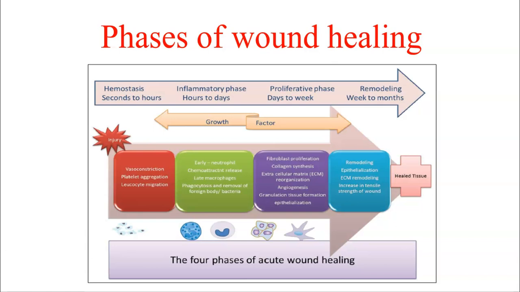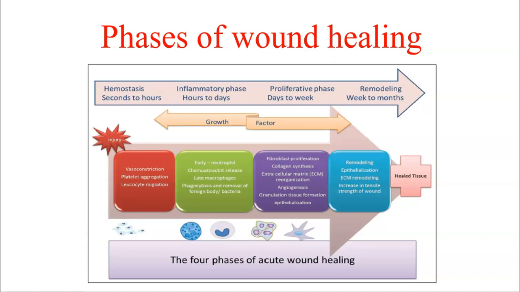Granulation tissue forms, consisting of new blood vessels and collagen, filling the wound space. Epithelial cells at the wound edges migrate and divide to cover the wound, which is named epithelialization. The wound contracts as myofibroblasts pull the wound edges together, reducing the wound size.